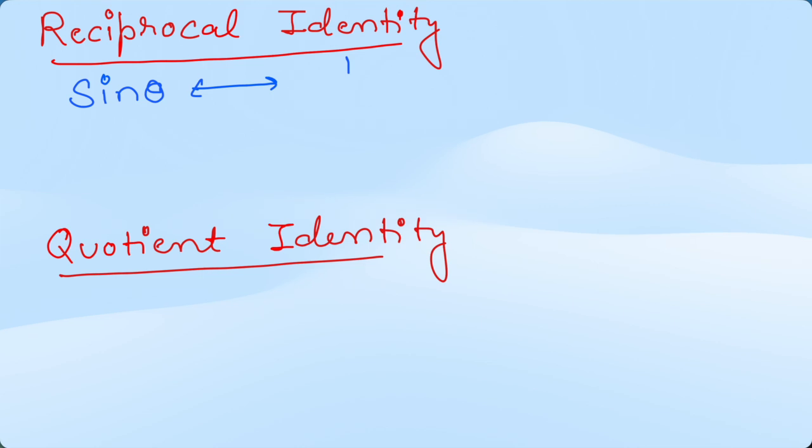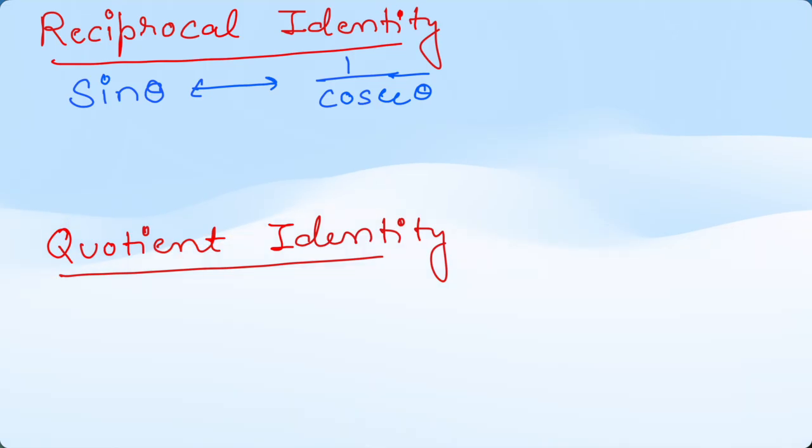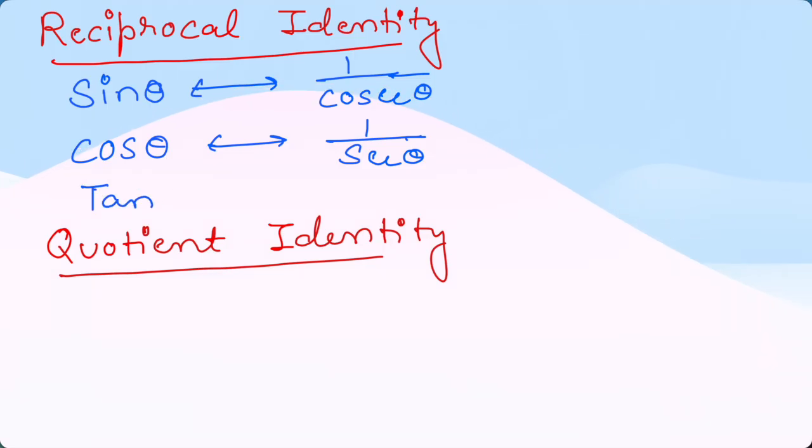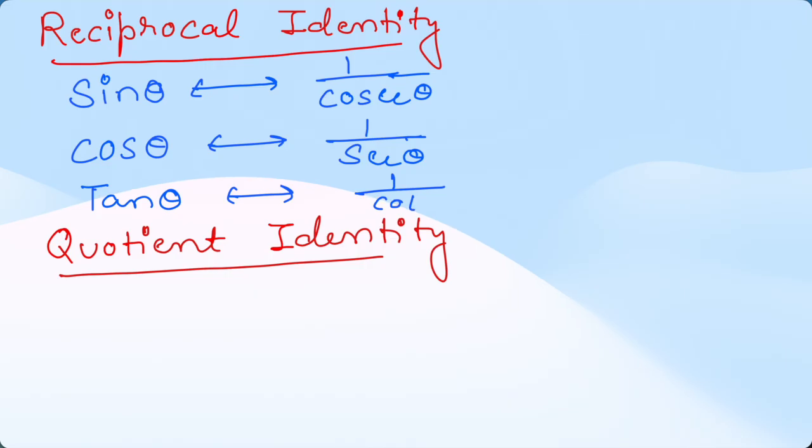So sine theta can be written as 1 by cosec theta. Similarly, we can write cos theta as 1 by sec theta, or the reciprocal of cos theta is sec theta. And what is the reciprocal of tan theta? That was cot theta, or tan theta can be written as 1 by cot theta. They are just the reciprocals.